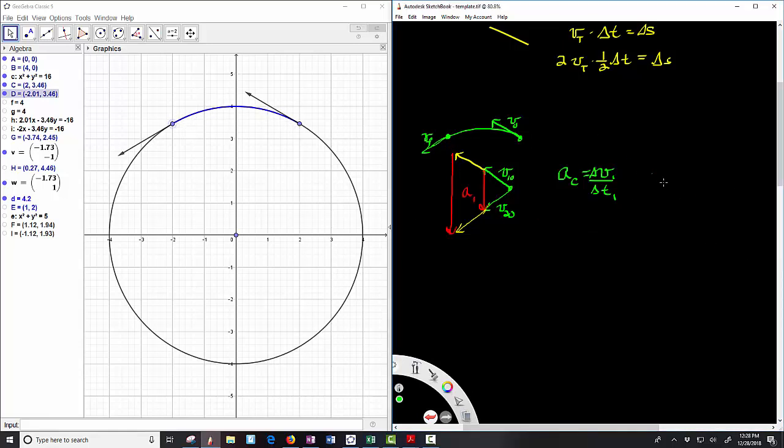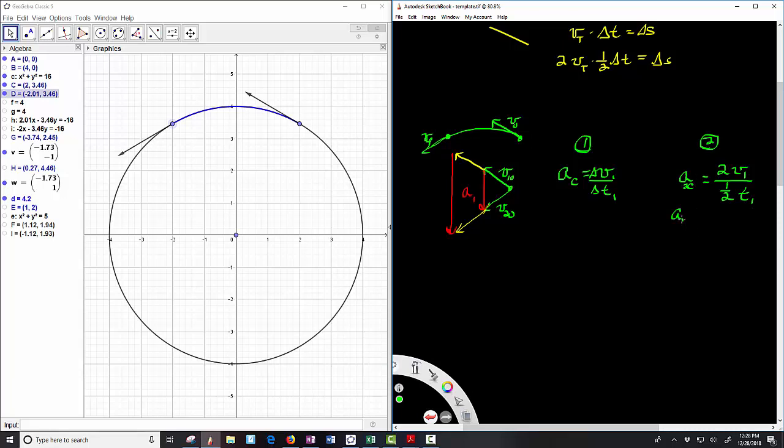So for 2, my new acceleration is going to be twice velocity 1 divided by 1/2 of the time, t1. Again, I went twice as fast, so it takes me half the time. And so this is acceleration 2.